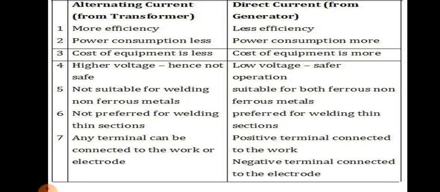DC: less efficiency, more power consumption, cost of equipment is more, low voltage, and it's also safer. Suitable for both ferrous and non-ferrous metals, preferred for welding thin sections, positive terminal connected to the work and negative terminal connected to the electrode.